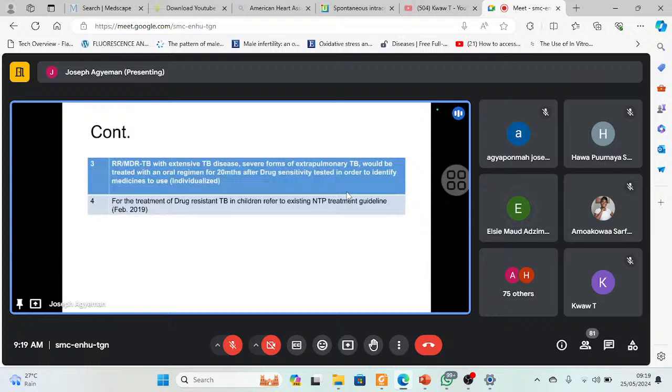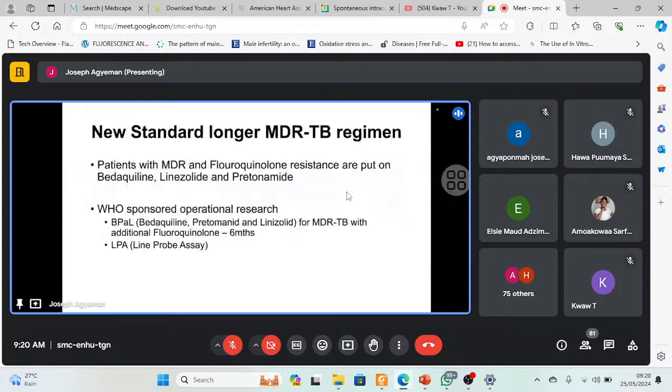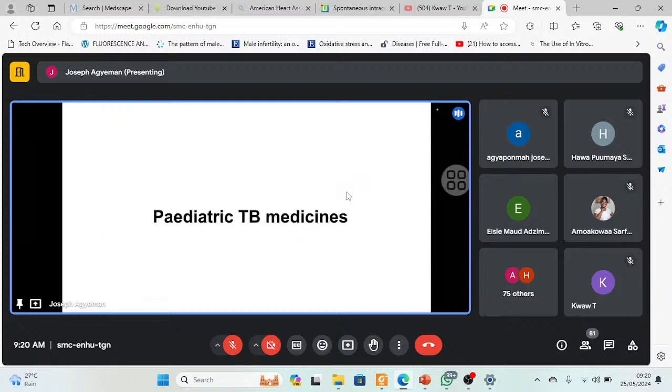You are not going by the normal guidelines that say that if it is this, do this. For extensive extrapulmonary TB or extensive pulmonary TB infections, you are going by individualized therapy. You test the person for sensitivity so that will guide your selection of medicines. So these are all same.